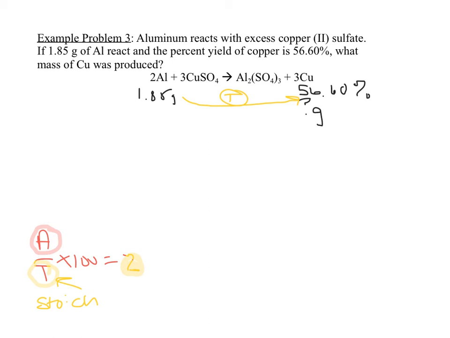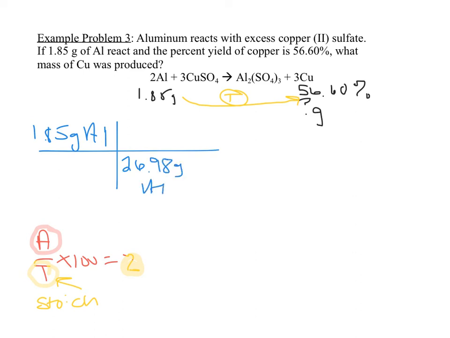So first we've got to do that stoichiometry. So we've got to start with our 1.85 grams of aluminum. And we're going to have to convert it to grams of copper. So first things first, we've got to get it to moles. So the molar mass of aluminum is 26.98 grams of aluminum for every 1 mole of aluminum.